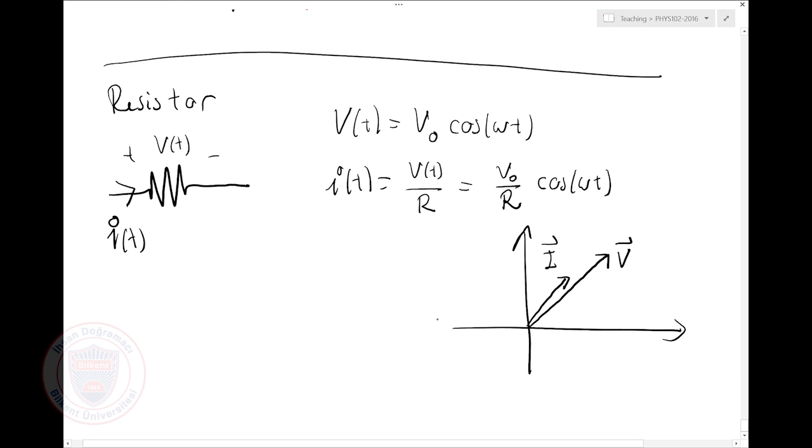Furthermore, the ratio of the lengths of these vectors, which we defined as the impedance Z, is just R. I completely understand that it doesn't make any sense to use these vectors right now. I hope by the end of this lecture it will become more clear.